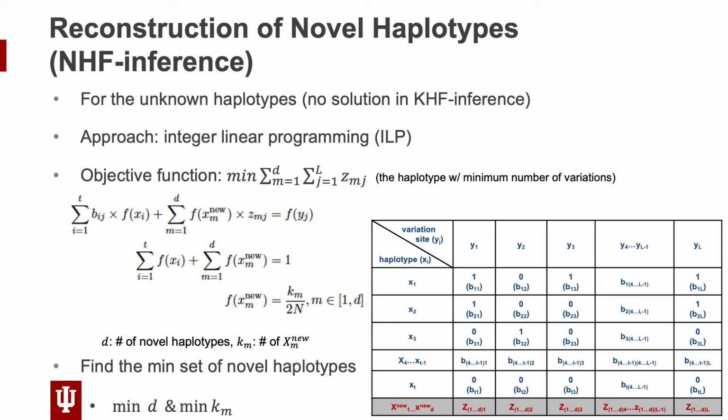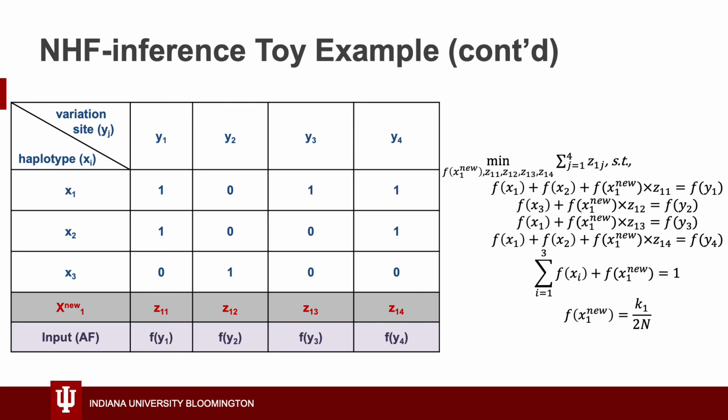We want to find the minimum value of Km since it is a novel haplotype and it is not found from the public resource. And we also want to find the minimum value of D to satisfy this equation, because we don't expect many novel haplotypes to happen in one single haploblock because of the big data collection nowadays.